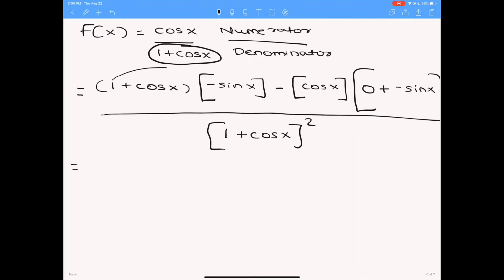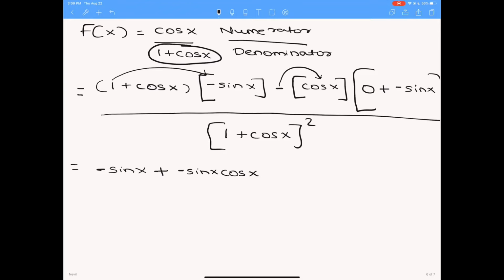Now you're going to multiply each term. So 1 times negative sine x is negative sine x, plus cosine x times negative sine x is negative sine x cosine x, minus cosine x. So this negative is going to apply to this cosine x.